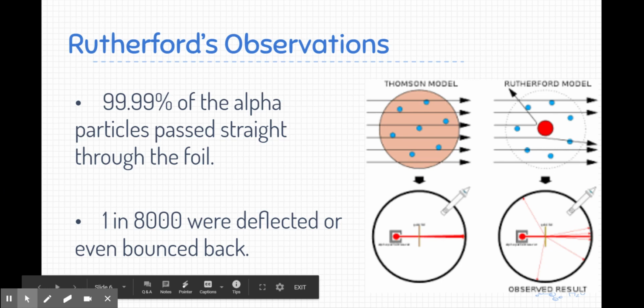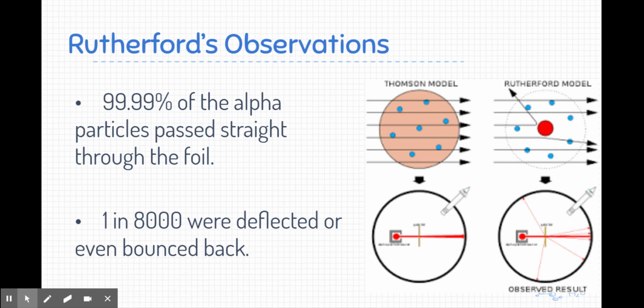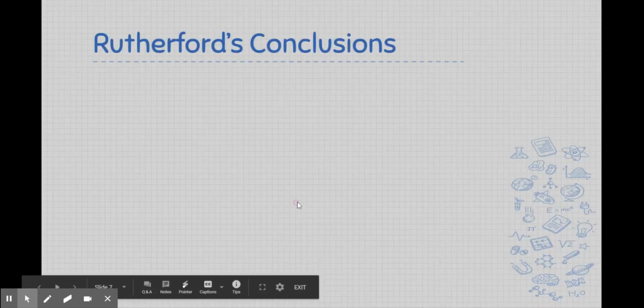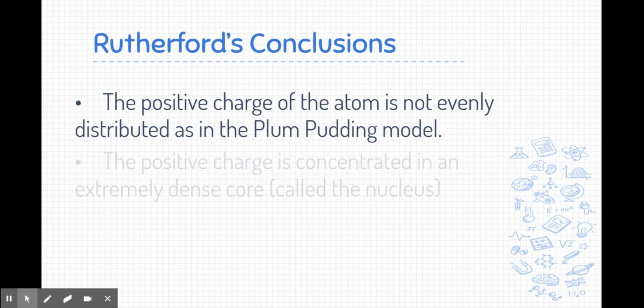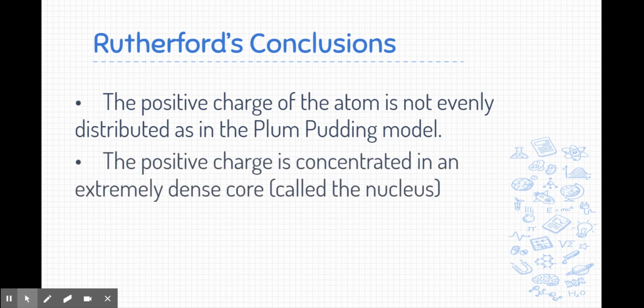So now that we've got his observations, let's connect those to the conclusions that Rutherford made based upon these two key observations. So the first idea here is the location of the positive charge. Rutherford concluded that the positive charge of the atom is not spread out, but in fact, it is concentrated in an extremely dense core.